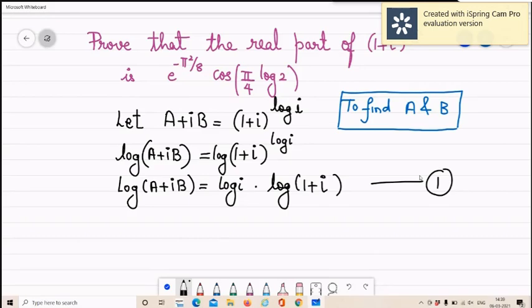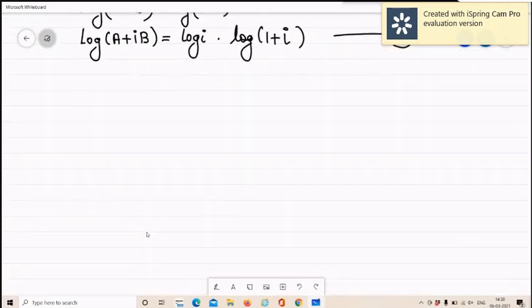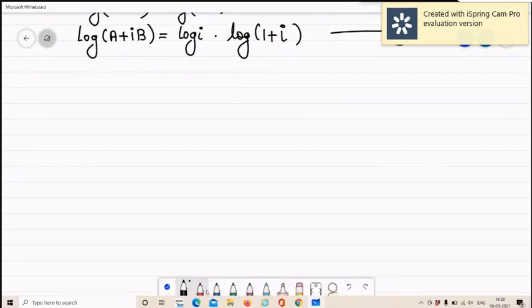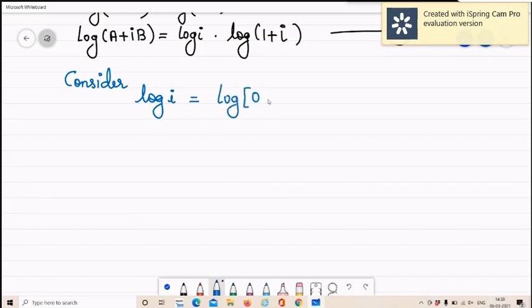What is the right hand side? The right hand side is log i into log of 1 plus i. Okay, so let's start with my right hand side now. So what are we going to do? We'll start with this first part, that is log i. How can log i be written?